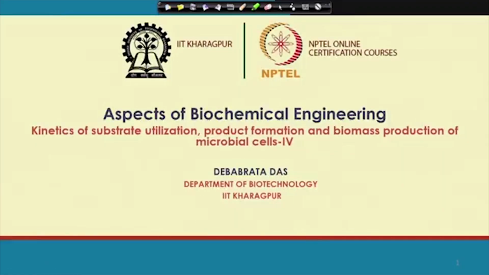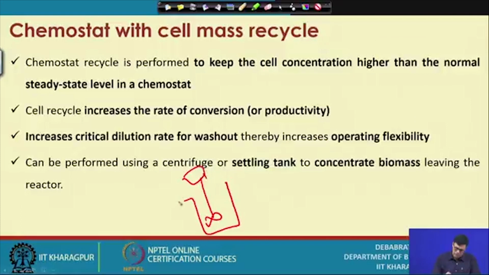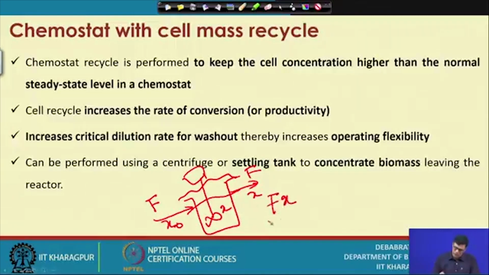Let me explain this. Suppose this is a CSTR, and liquid is continuously coming in at a particular flow rate and going out at a particular flow rate. Here x0, this is x, and this is also x. What I want to point out is that you will always have cell wastage, which is F into x.